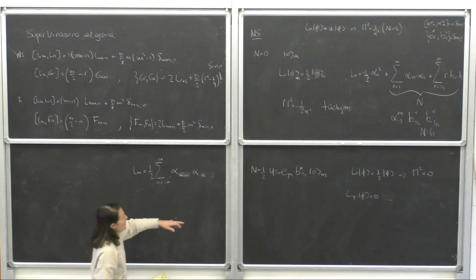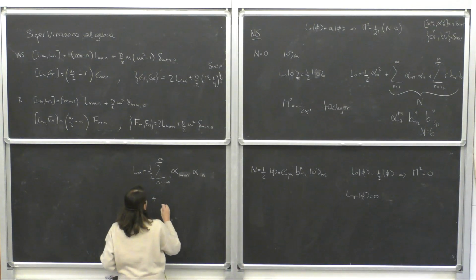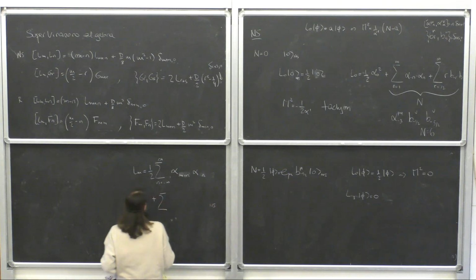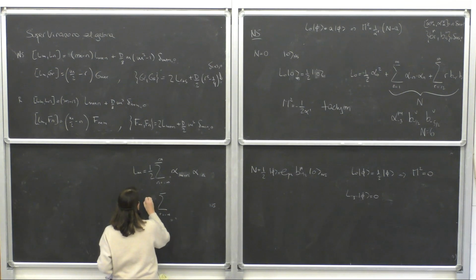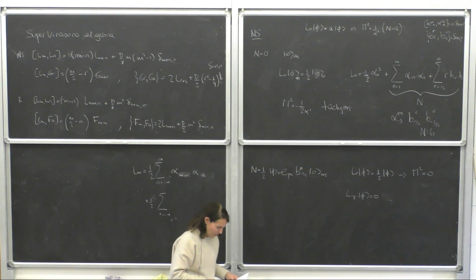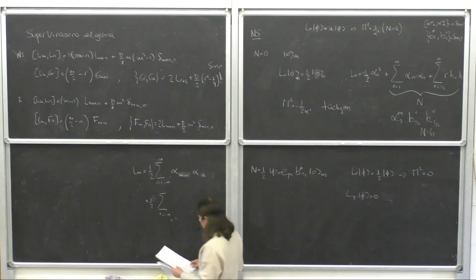Sorry, I'm missing the fermion part. So if we're in the NS sector, this is the sum over r from minus infinity. Well, let me make sure about the factors. I think the factor is 1/2. No, it's not 1/2, sorry, it's n.